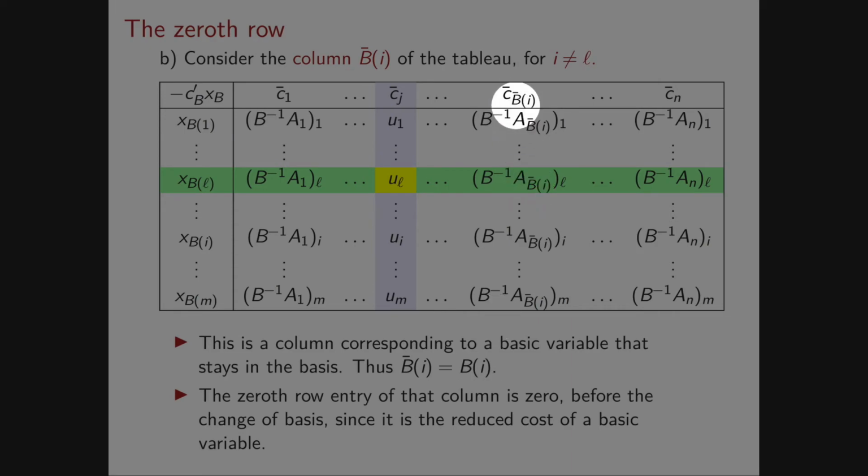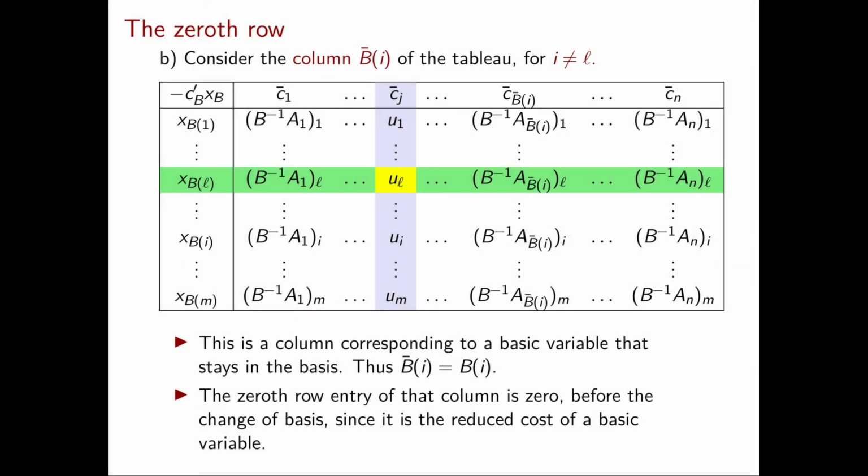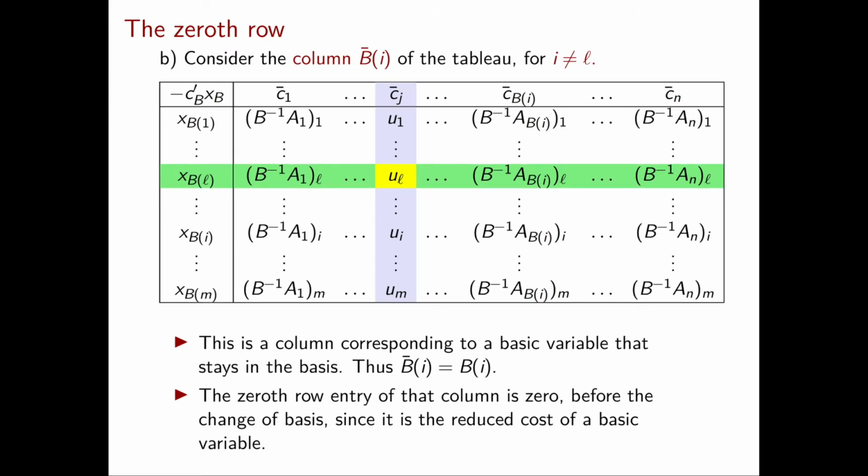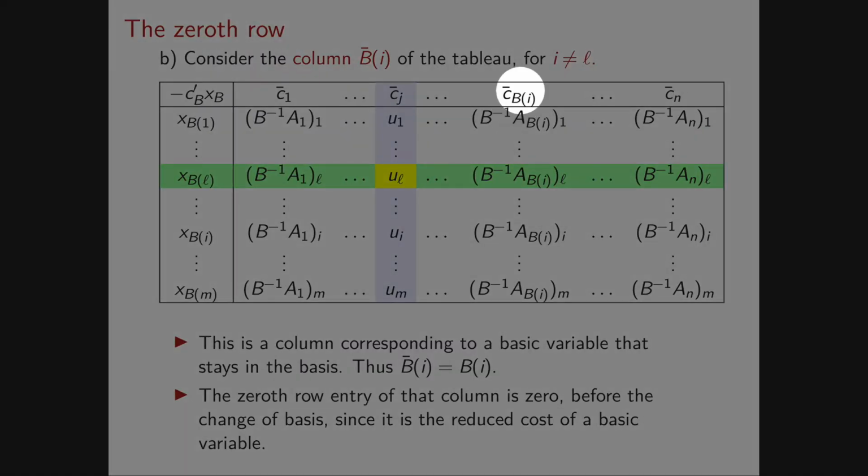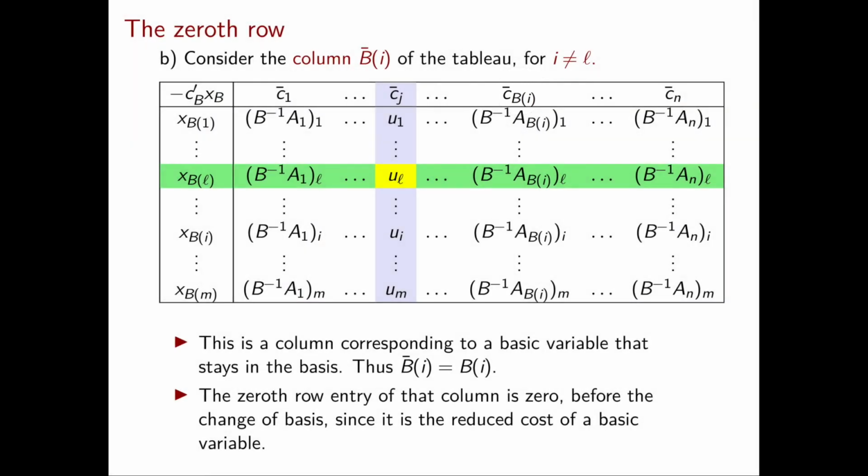Therefore, in our column, we can just replace b bar I with bi. So this column corresponds to a variable that was basic also at the beginning of the iteration. Therefore, its reduced cost at the beginning of the iteration was 0. So we can now replace this c bar bi with a 0.